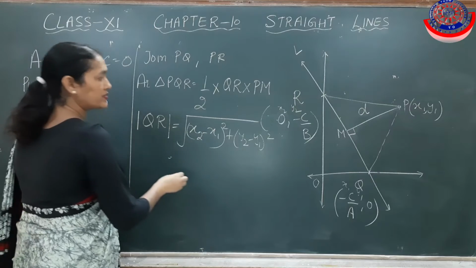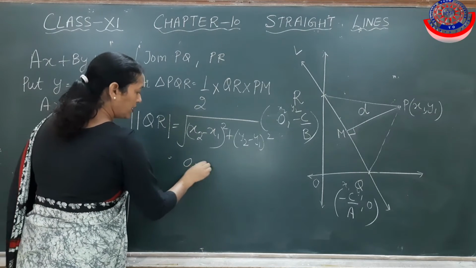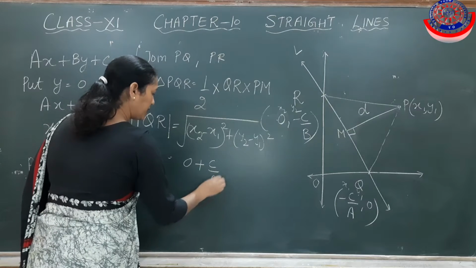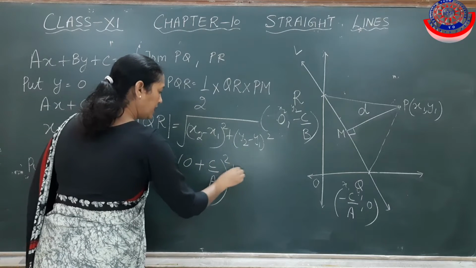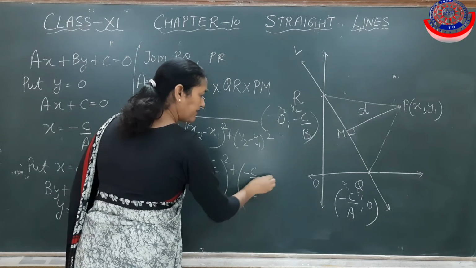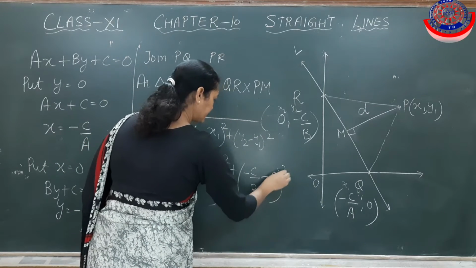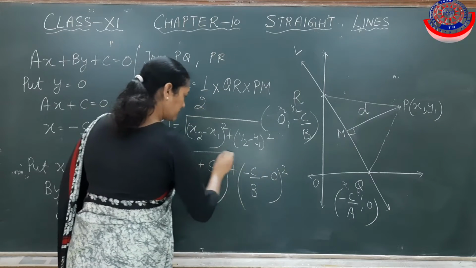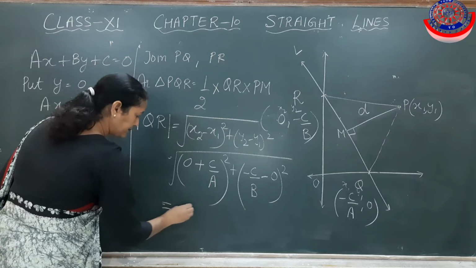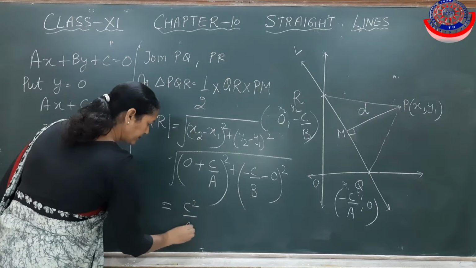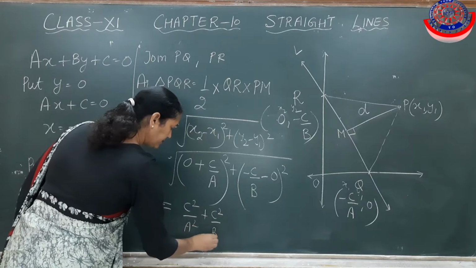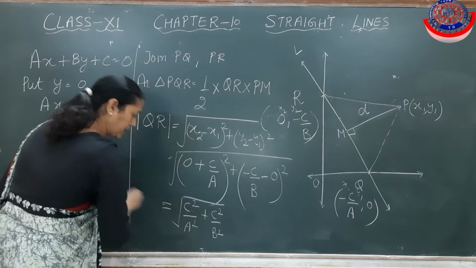So x2 is 0 and x1 is -c/a, so minus minus plus c/a whole square. y2 is -c/b and y1 is 0. What are we getting? c square upon a square plus c square upon b square, under root.